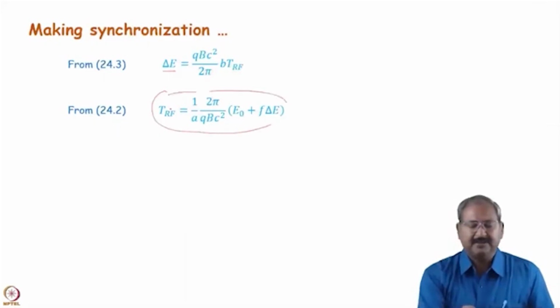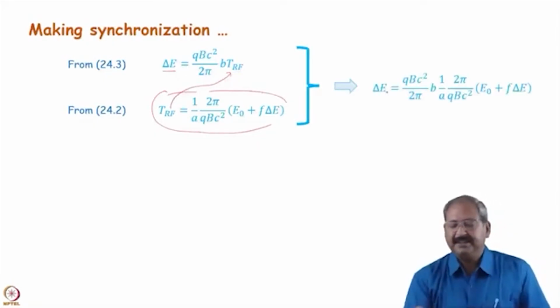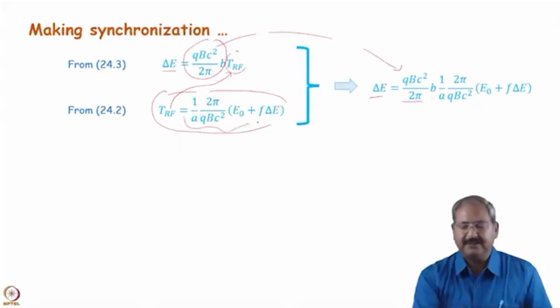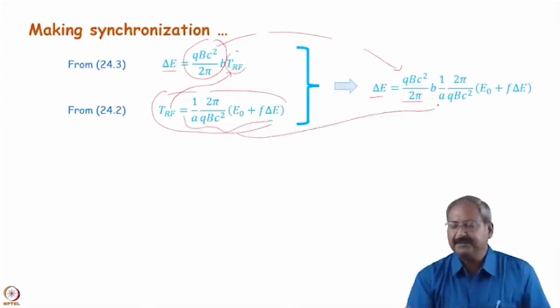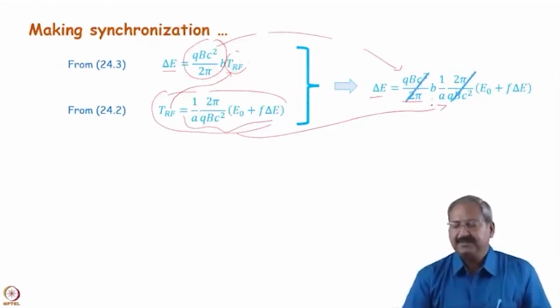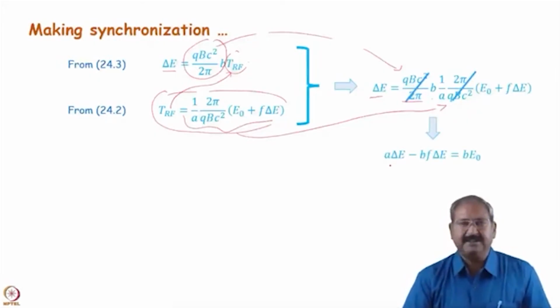So put the value of T_RF here, and you will get delta E is equal to qB square times B, this quantity which is written here, and at the value of T_RF we have put this value here. So this is the equation. These two cancel out, and now you have a nice relation between the integers.